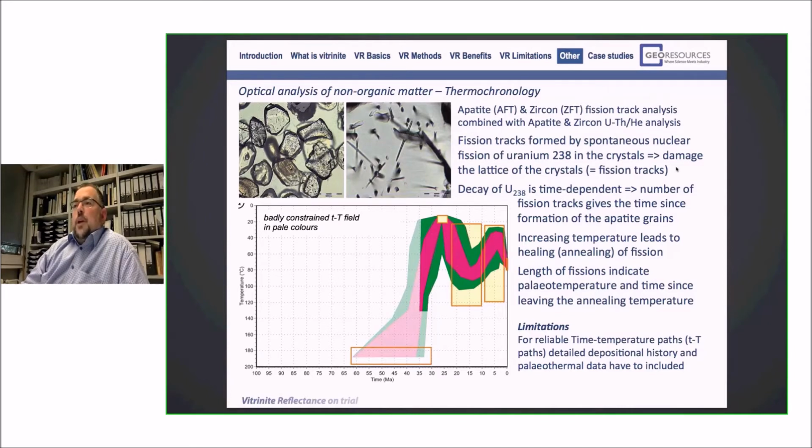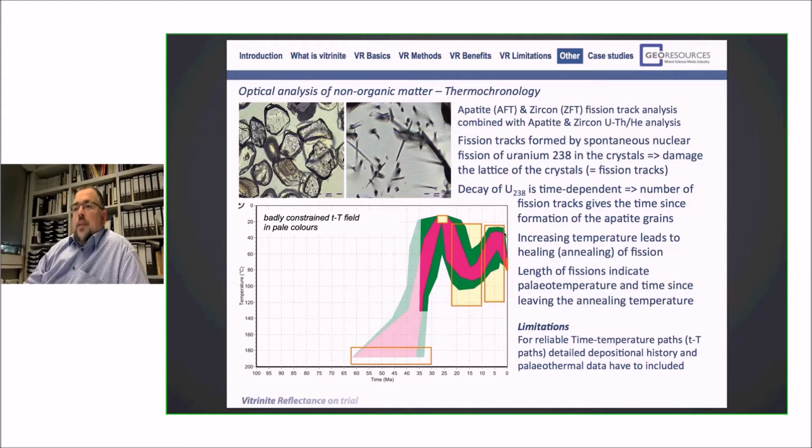These fission tracks are formed by the decay of uranium-238 in the crystals, and due to the length of the fission tracks, we get an indication of the paleo temperature and the time since these minerals have left the annealing temperature. Here we see an example, and we see these boxes over here.